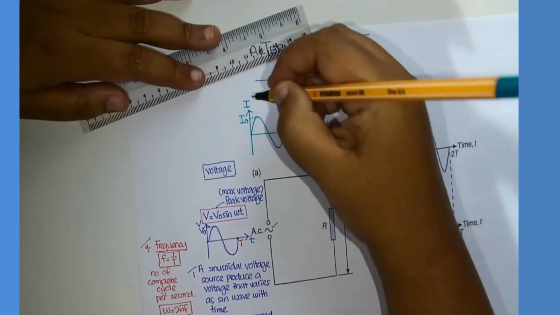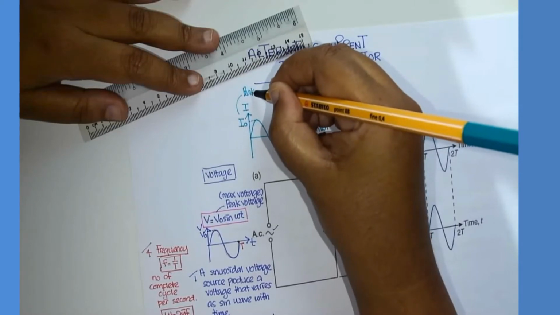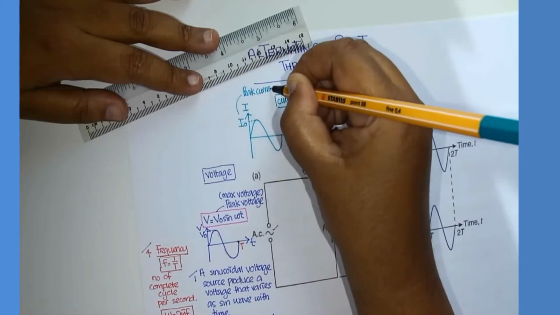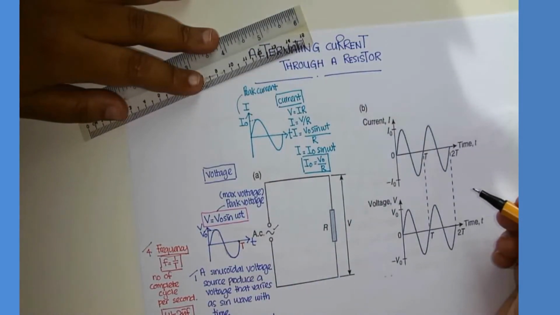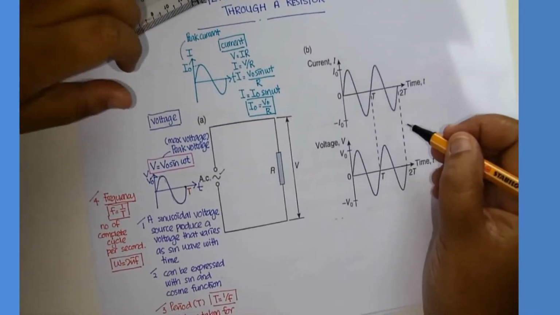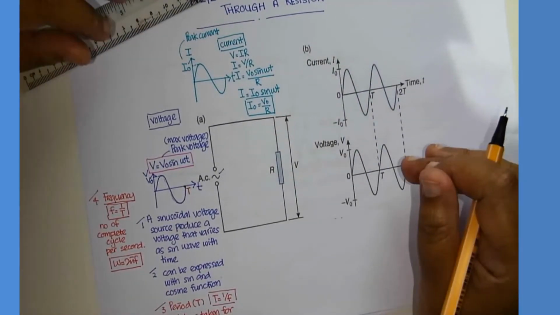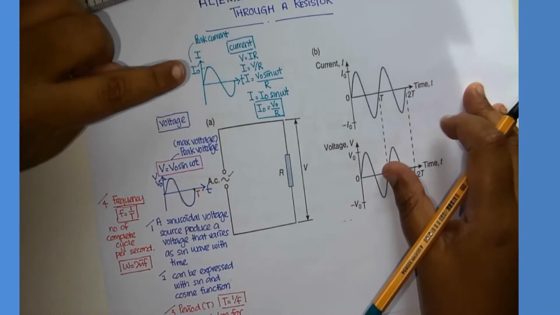I naught is called the peak current, or the maximum magnitude of the current, also known as the maximum current. So that is about current.